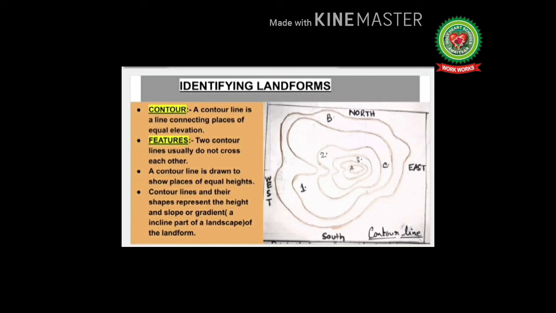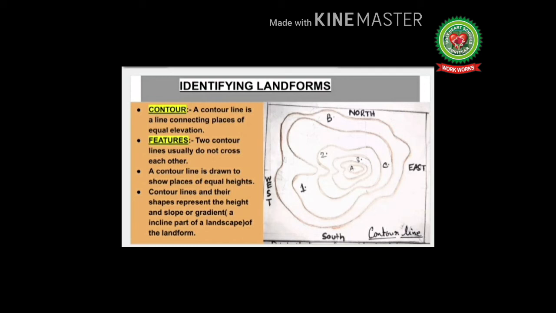There are some characteristics of contour lines. The contour lines can never cross each other. When two contour lines having different heights meet, it means that the slope is vertical, like a cliff or a waterfall. The widely spaced contours show a gentle slope. The closely placed contours show a steep slope.